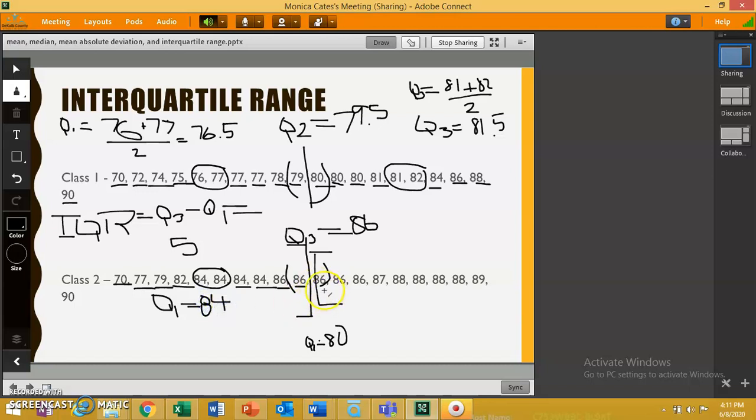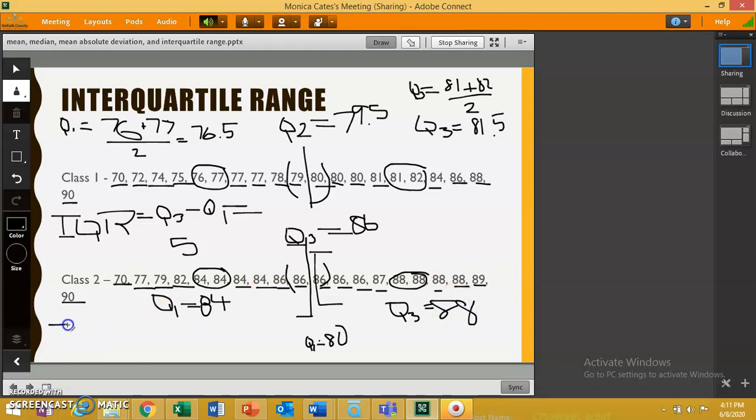All right, the next one we have 1, 1, 2, 2, 3, 3, 4, 4. Ooh, another easy one. How about that? Q3 is 88 plus 88 divided by 2, which is 88.